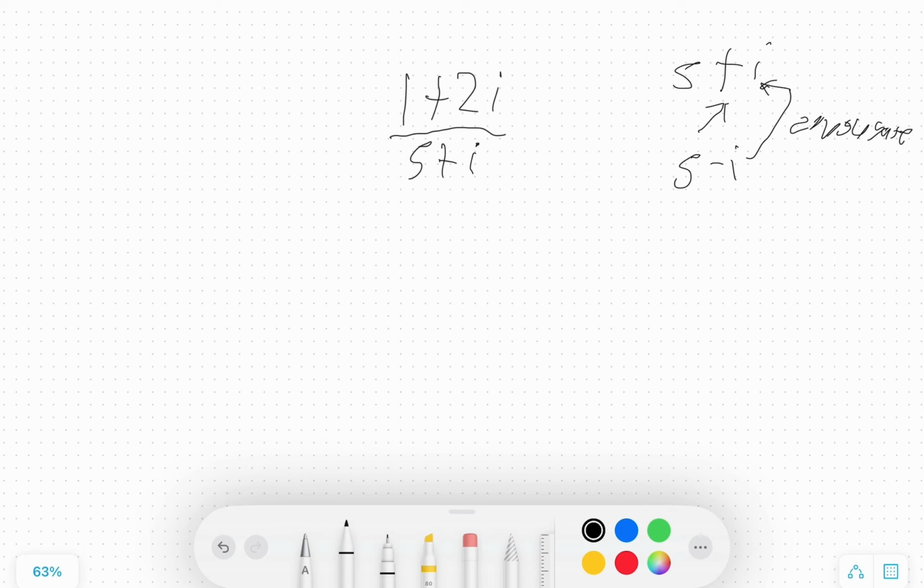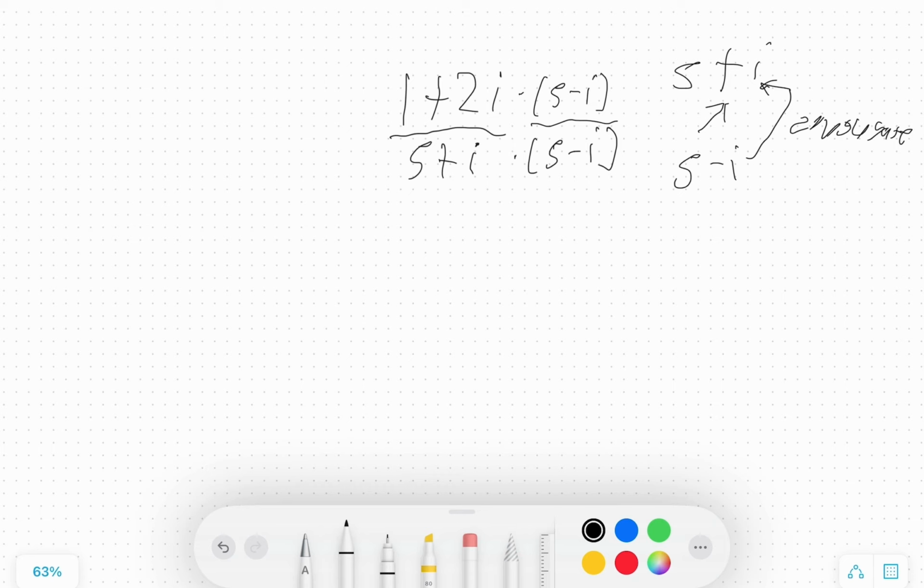It's just taking the symbol and doing the opposite of it. Now, why is that important? Well, to simplify 1 plus 2i over 5 plus i, we need to multiply the top and the bottom by 5 minus i. It's your giant 1. 5 minus i over 5 minus i is 1, and multiplying by 1 just changes the way a number looks.